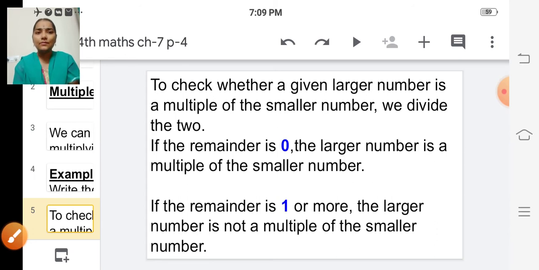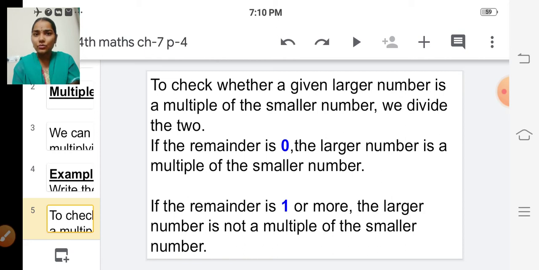So the next one, to check whether a given large number is a multiple of the smaller number. What we have to do? We divide the two. So they can give one number and they can ask whether this number is a multiple of one small number.